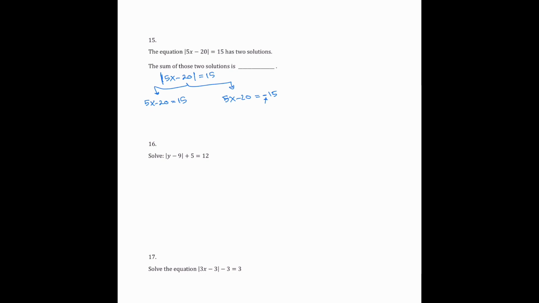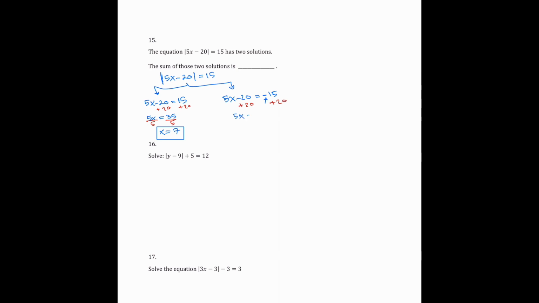Then you're going to solve each one of them. So you're going to add 20 to both sides of the equation. You will get 5x equals 35. Divide both sides by 5. You will get x is equal to 7. That's the first one. And then the same process here, add 20 to both sides of the equation.